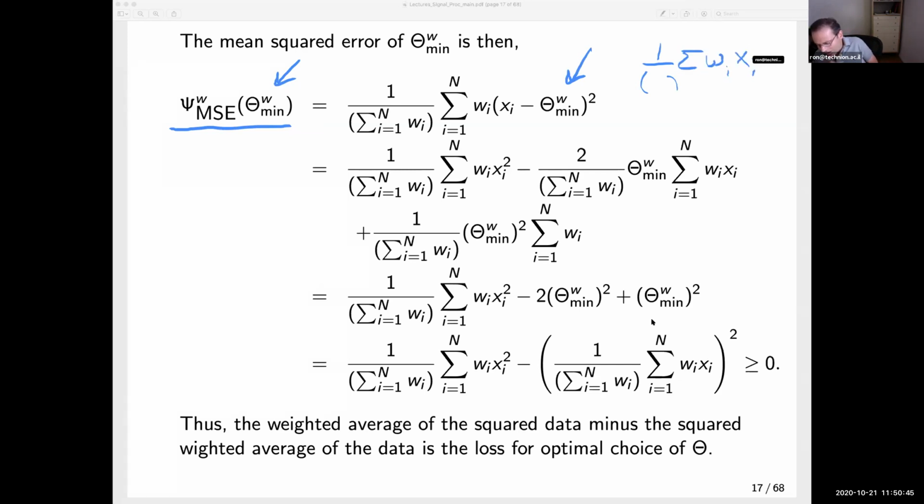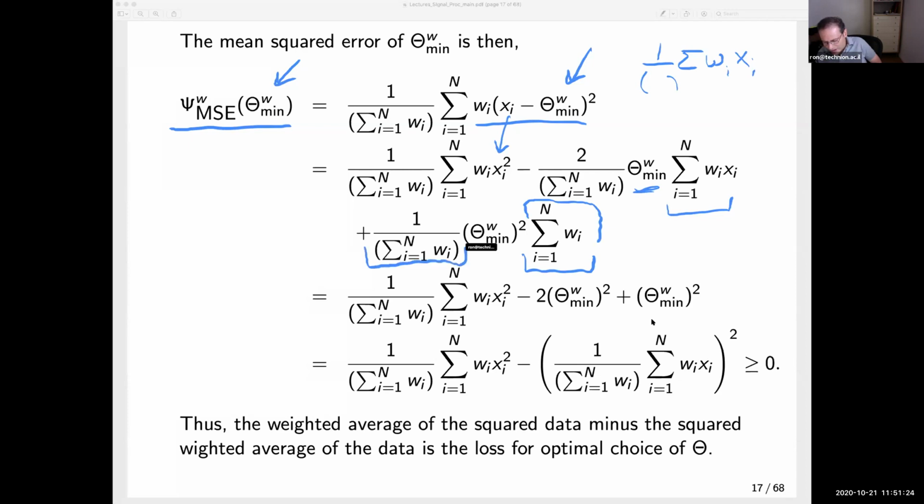Okay, so if I plug it here, let's first of all open that one before I plug it in. So this is the first term, it's wi times xi squared, then I get -2 times the division times this. Okay, and then I have a sum over this plus the square of the weighted theta. And here at the end I have the sum over the wi. Now, what happens here if I have sum over all wi divided by sum of all wi?